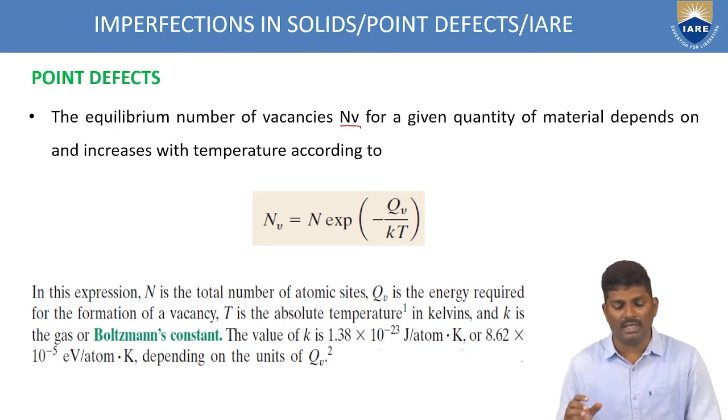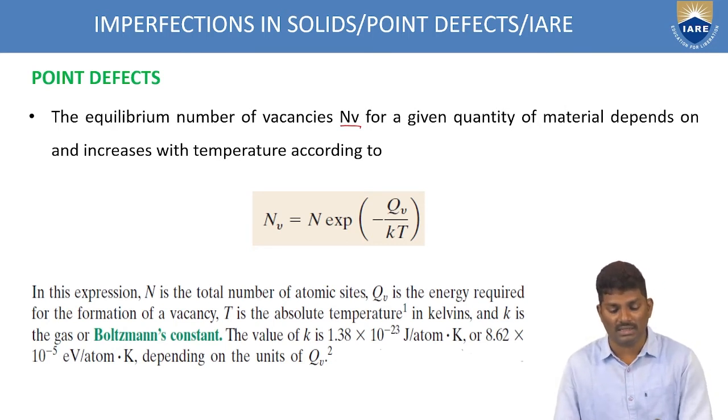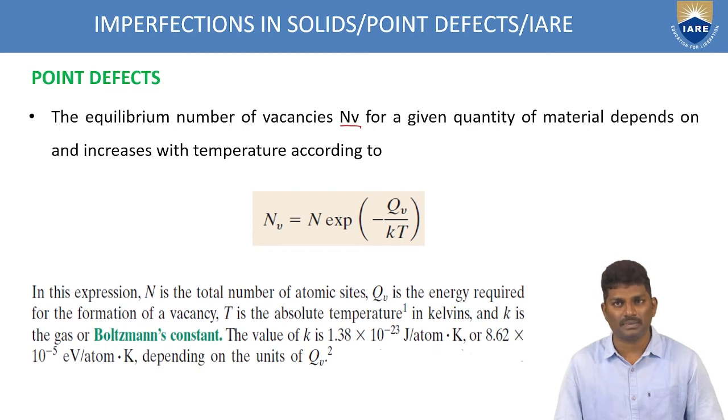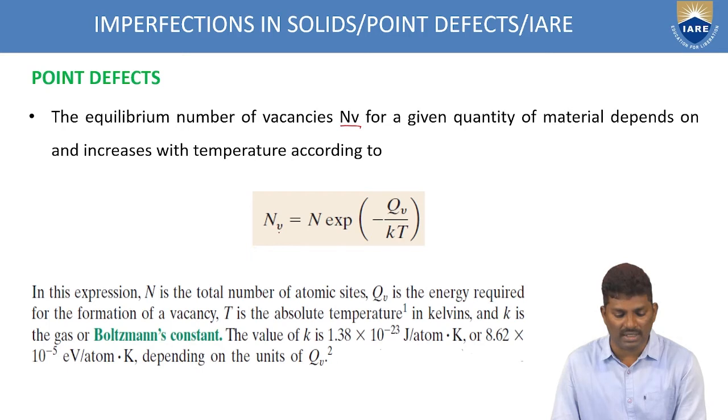That's why the number of vacancies for a given quantity of material increases with the temperature. With the increase in temperature, the number of vacancies in the material will increase. So this is directly proportional to the temperature. That's why NV, the number of vacancies, is equal to N times exponential of minus QV by KT.